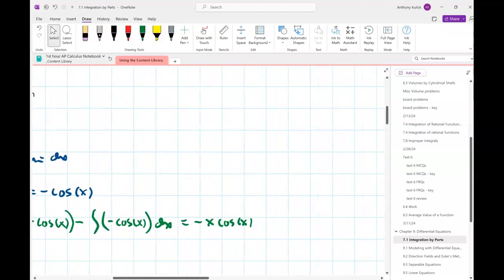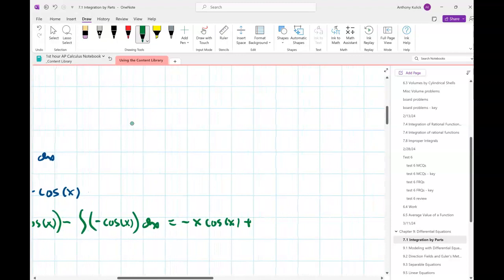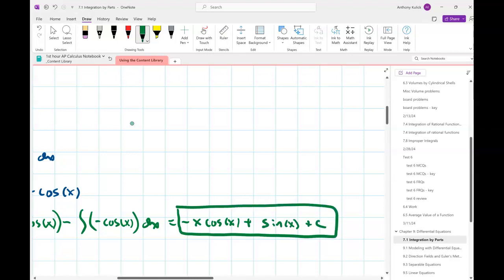So what's the integral of cosine dx? Sine. Notice that I made it plus. I took the negative out to make it a plus, right? Catch that?